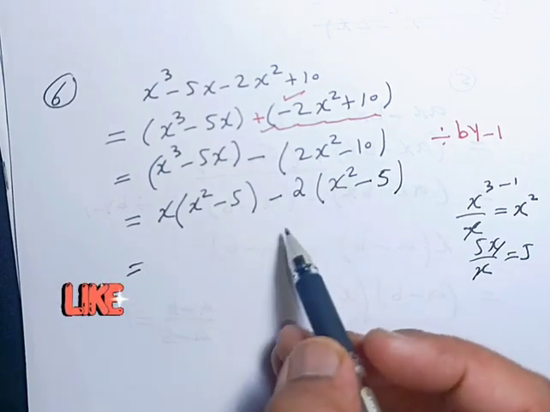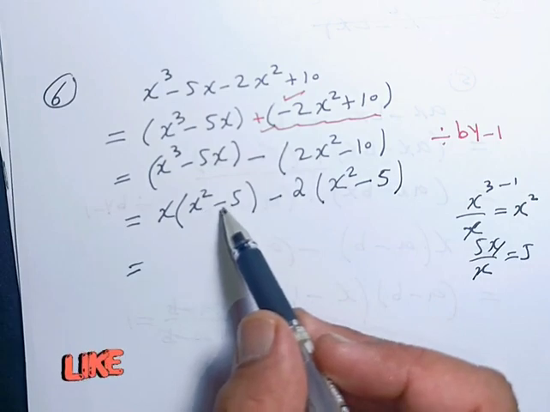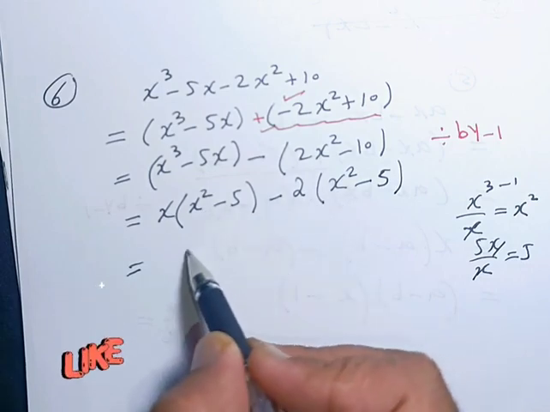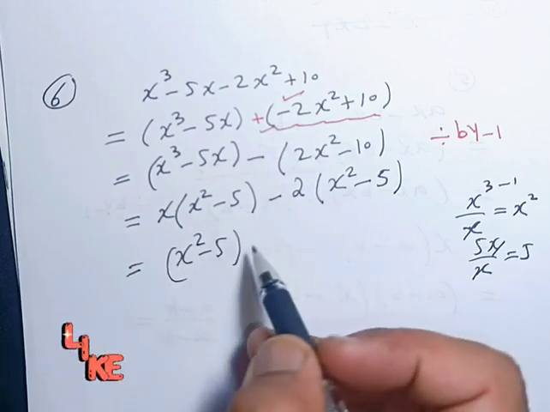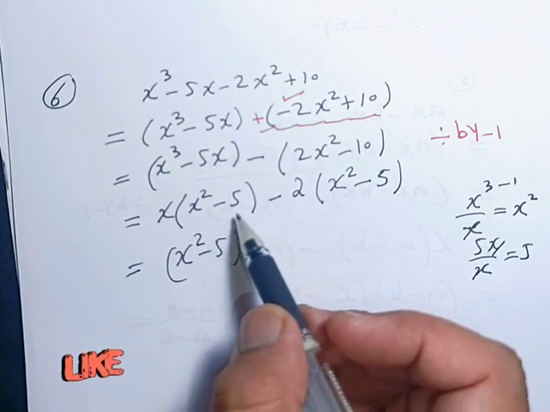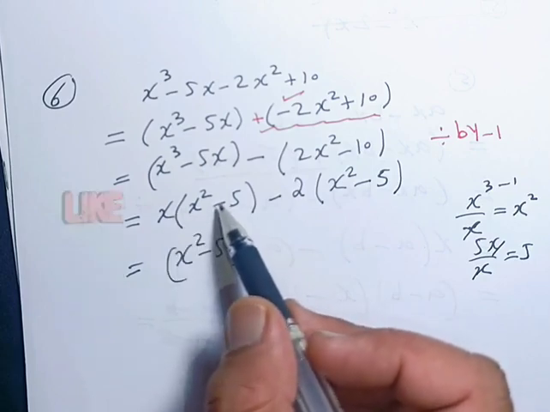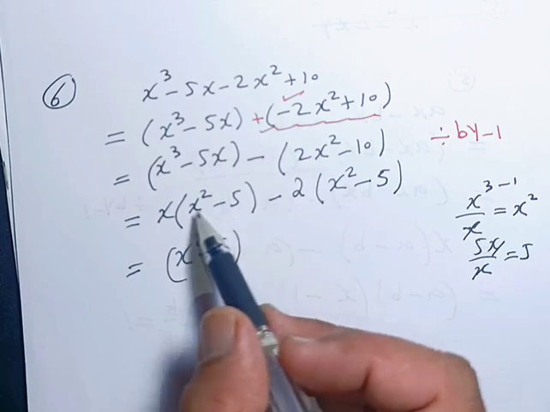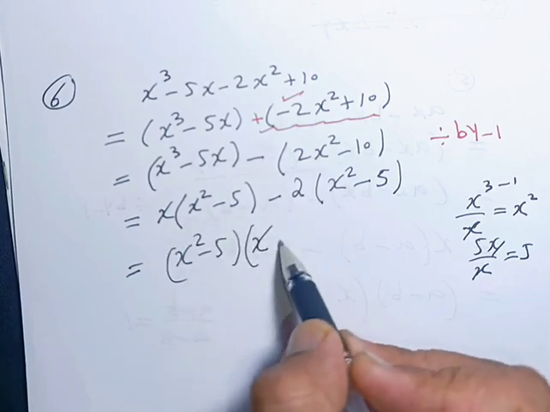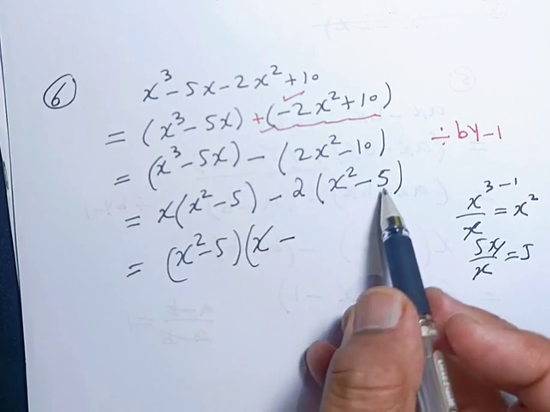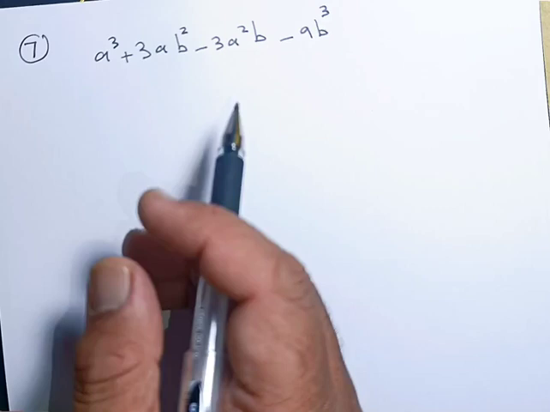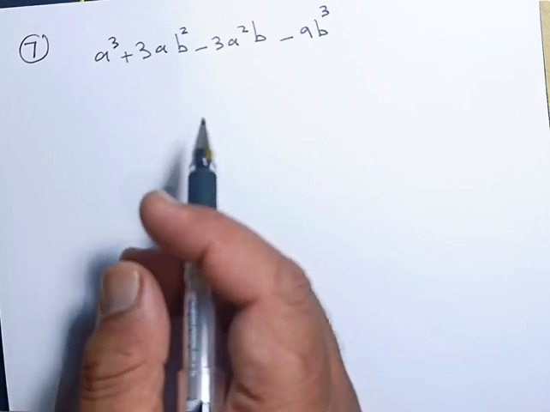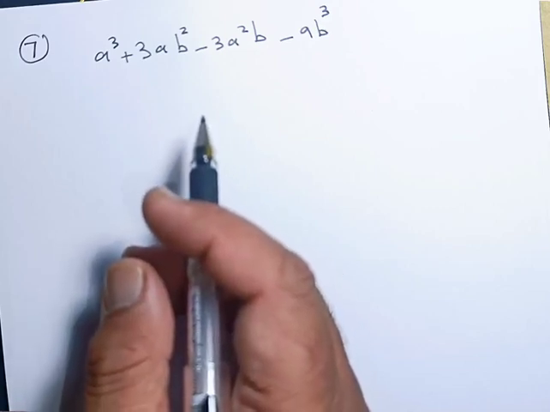Now take out the common bracket x power 2 minus 5, because both of these terms contain x power 2 minus 5. So what is left? With x power 2 minus 5 out, only x minus 2 is left. So this is my final answer.